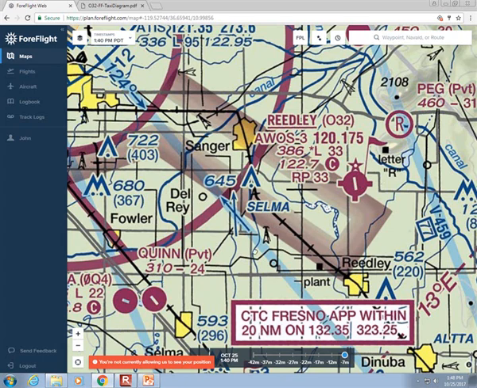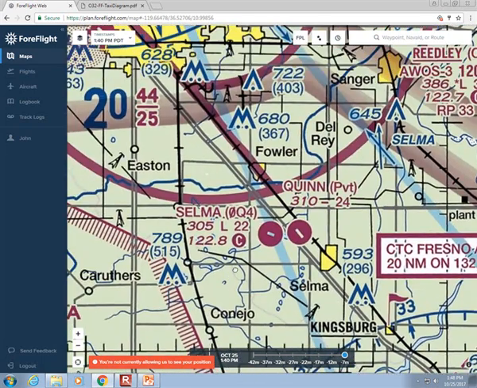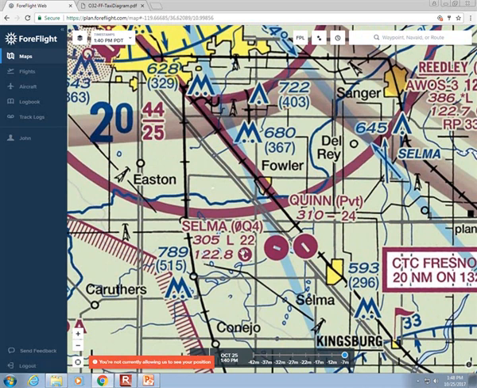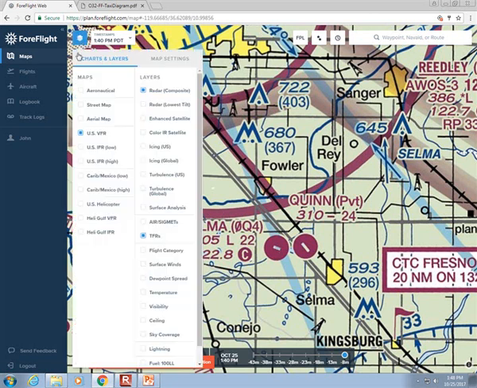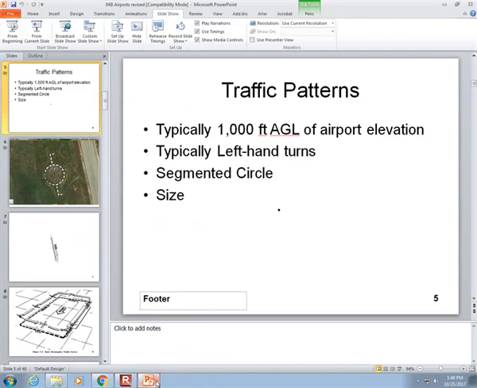So if it doesn't say right pattern, like for instance at Kings at Selma, does it say RP over here? No. So that means you make left pattern no matter what you're doing. But what it did say was that the traffic pattern was a different altitude. If it doesn't label it, it's a left pattern. And if it doesn't label it, it's 1,000 feet above the airport elevation.